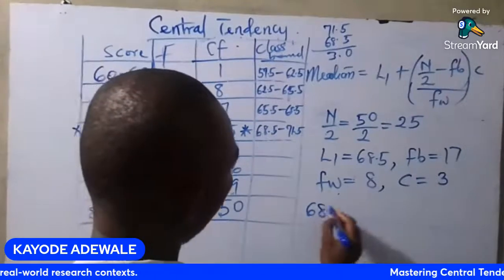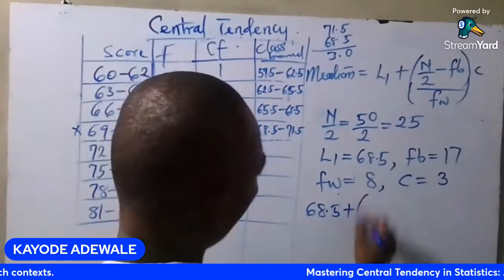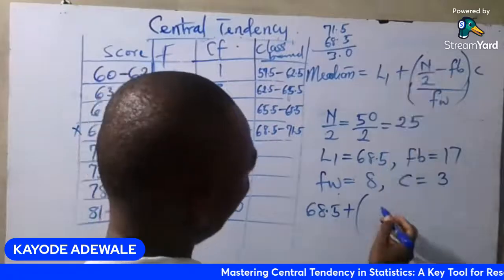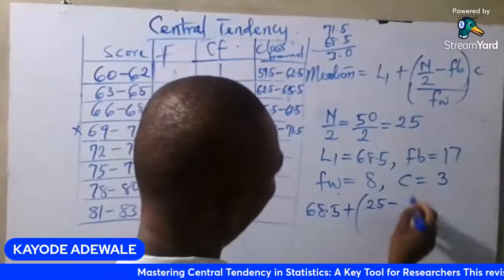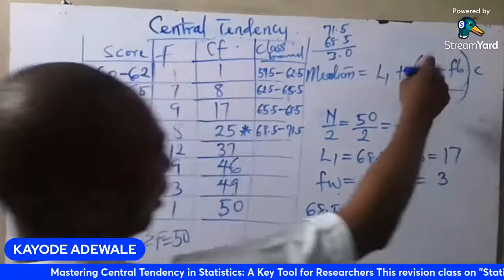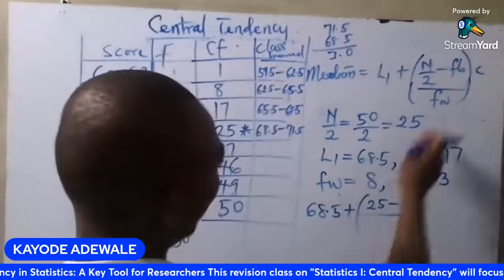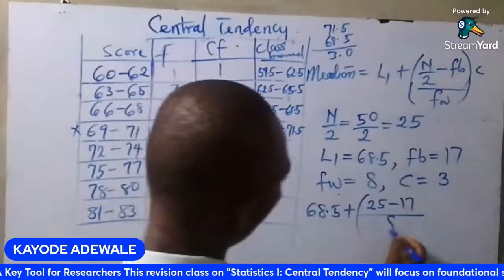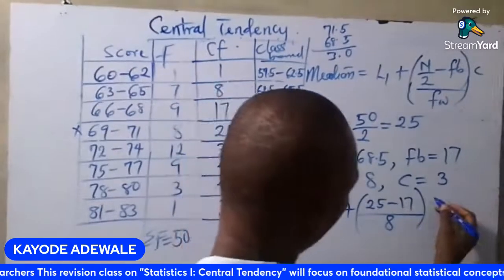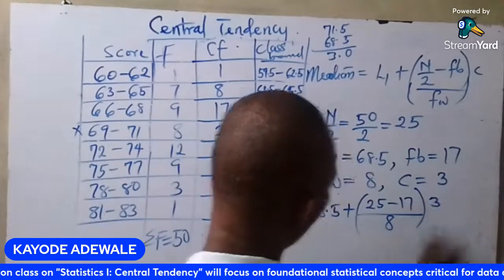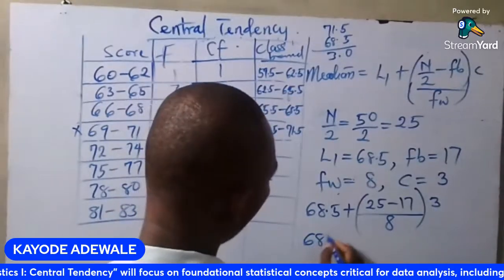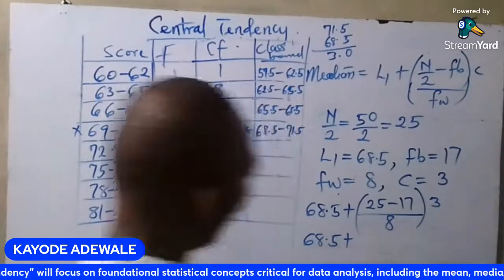We have 68.5 plus n over 2, that is 25, minus the cumulative frequency before the median class, that is 17, everything divided by the frequency of the median class, which is 8, multiplied by our class size, which is 3. Follow your BODMAS here. You treat the one inside the bracket first.